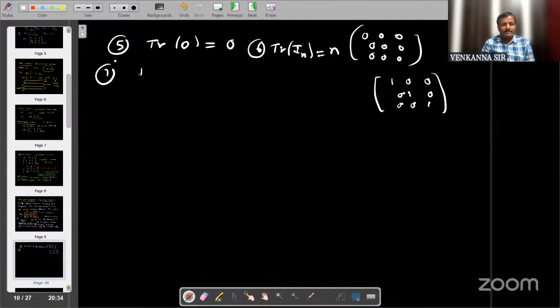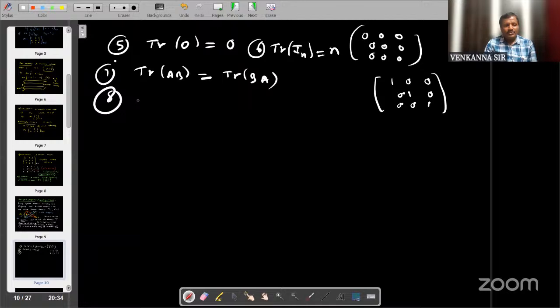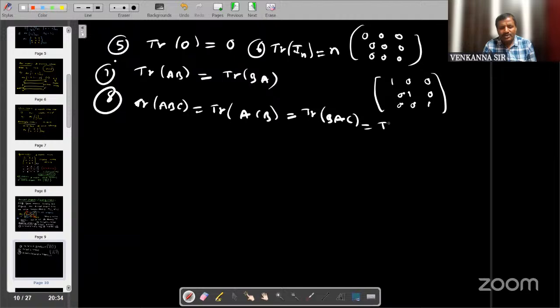Seventh property, trace of AB equals trace of BA. Eighth property, trace of ABC equals trace of ACB, trace of BAC, trace of BCA, and also equals trace of CAB, trace of CBA.